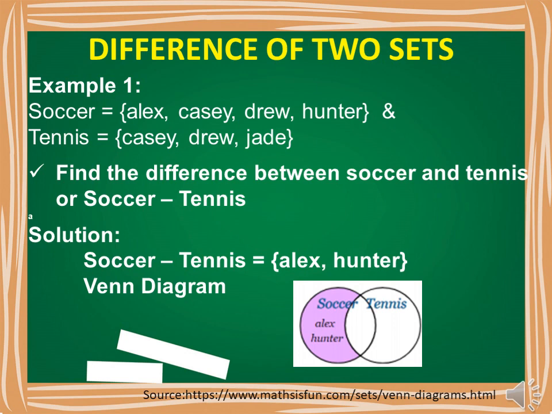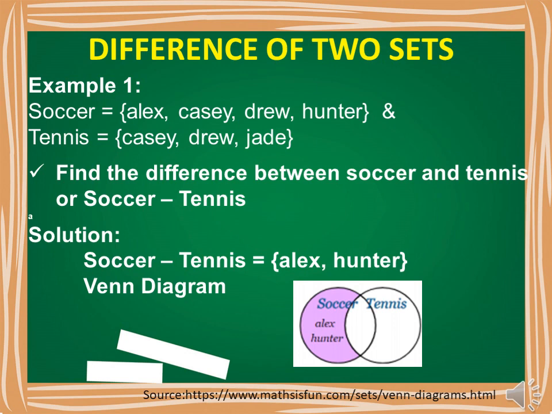Okay, let's start with these examples. We have example 1, which is adapted from mathisfun.com. So we have two sets here, set soccer, which has elements Alex, Cassie, Drew, Hunter, and set tennis, which has elements Cassie, Drew, Jay. So the problem is find the difference between soccer and tennis, or soccer minus tennis.